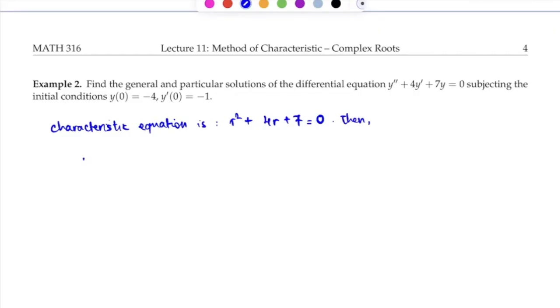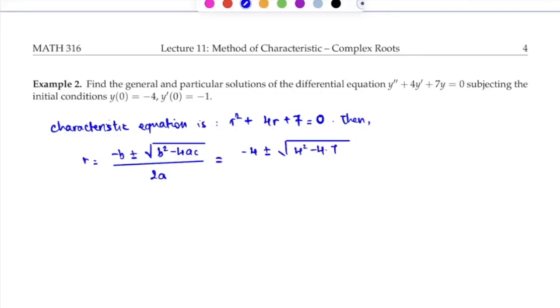Then r is equal to negative b plus minus square root of b squared minus 4ac, divided by 2a. So for b equal to 4, negative 4 plus and minus square root of 4 squared minus 4 times 1 times 7, over 2. And so you have negative 4 plus and minus square root of... did I get 4? Sorry, it's not negative 4.